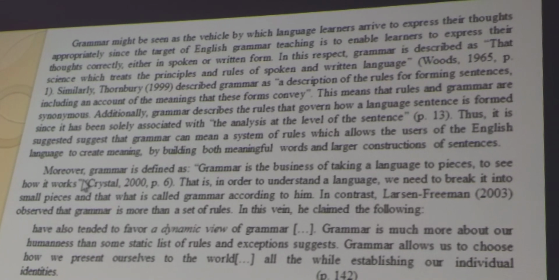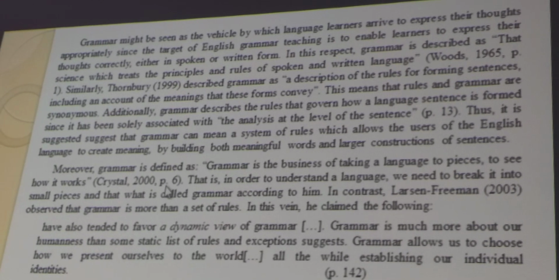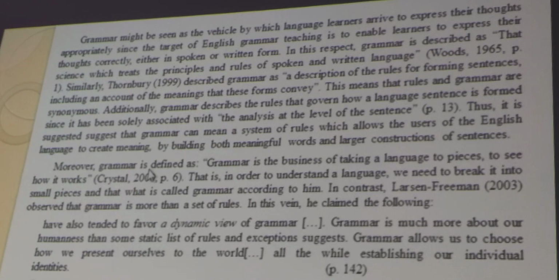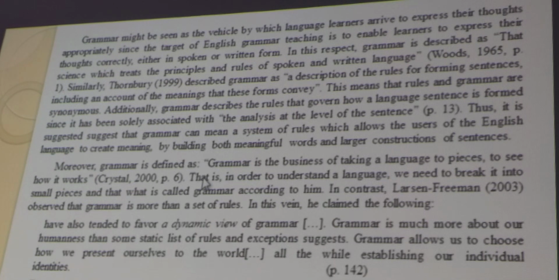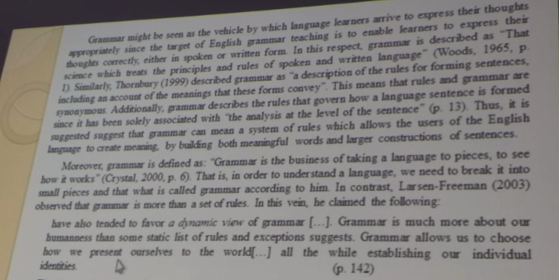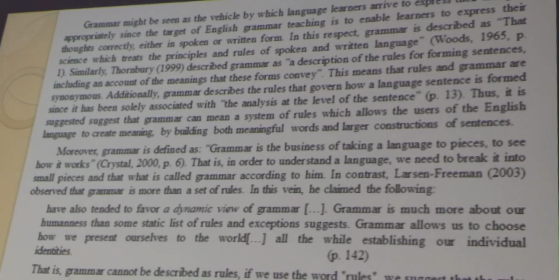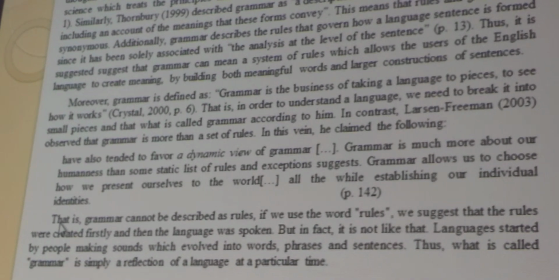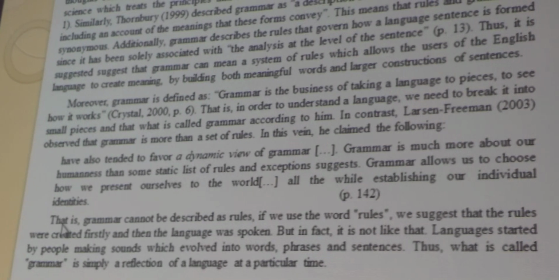Then, moving to definition, providing a definition by a scholar, then explaining. It means starting with the scholarship, then providing your explanation, then supporting with another scholar, a very good way, and explaining what previous scholarship or scholars have provided.